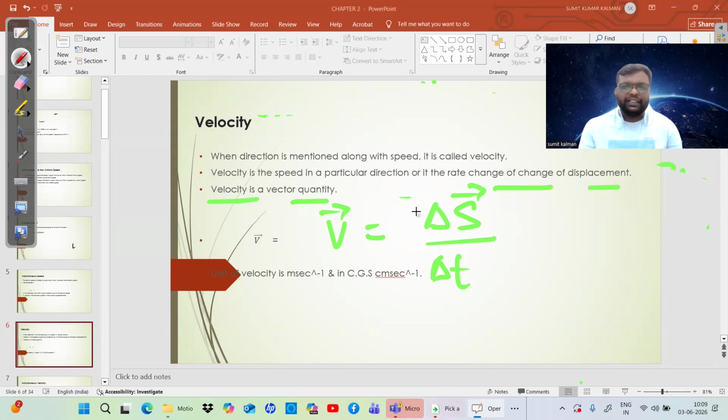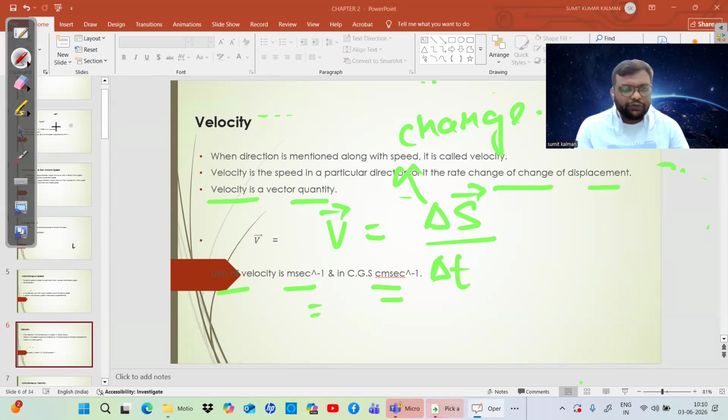This delta represents change. It is a mathematical symbol. It means change. Now, students, the unit of velocity is meter per second and in CGS centimeter per second, same as speed. So this was all about velocity.